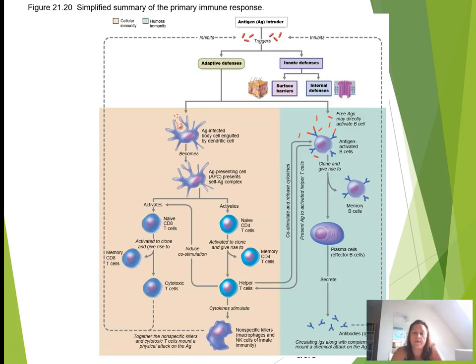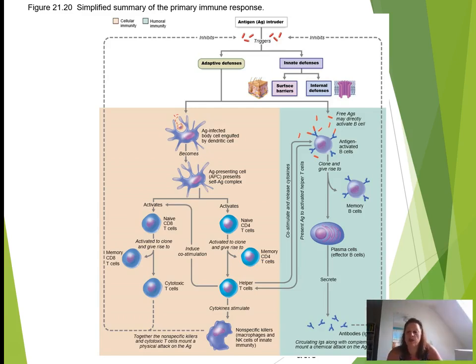It's going to become an antigen-presenting cell, and then we're going to differentiate those T cells. So this is a nice overall summary of what happens when an antigen enters the body. Innate side, adaptive side, and you can walk through it and just have an understanding about it. It is pretty complicated, but spend time on it.